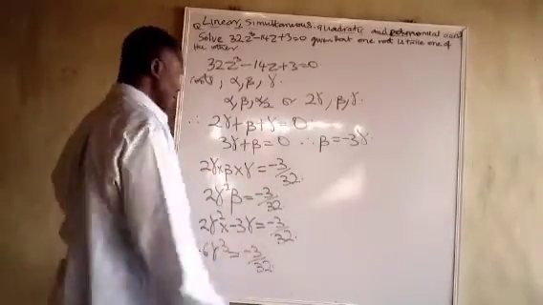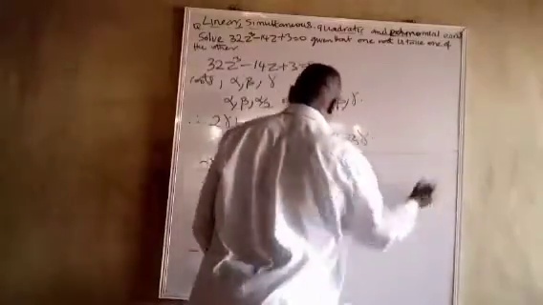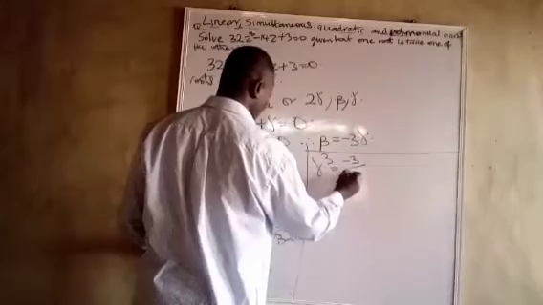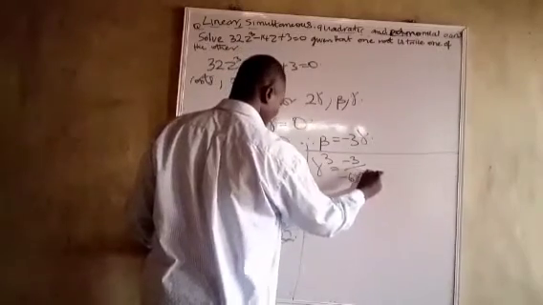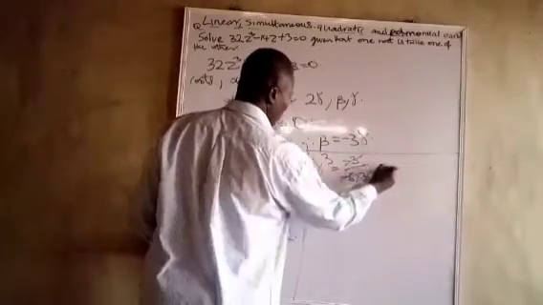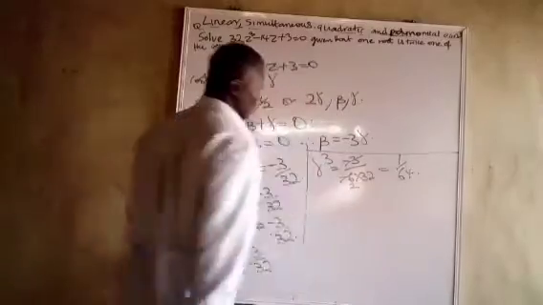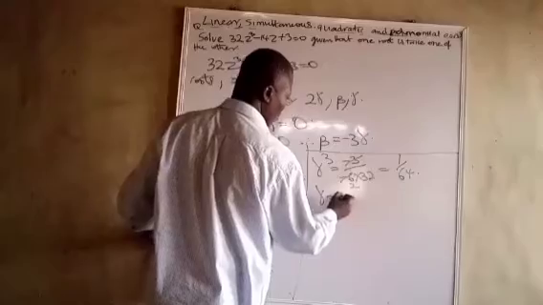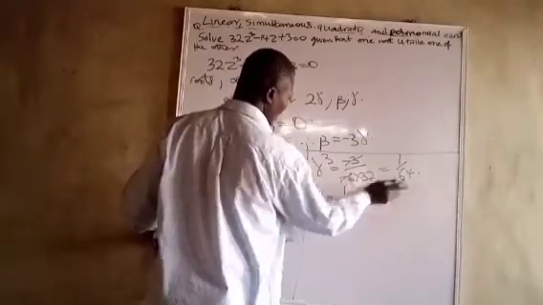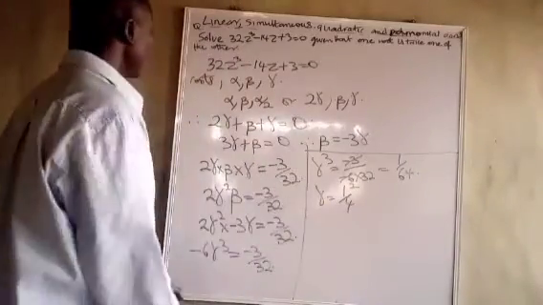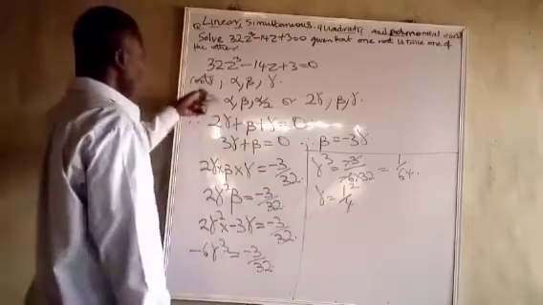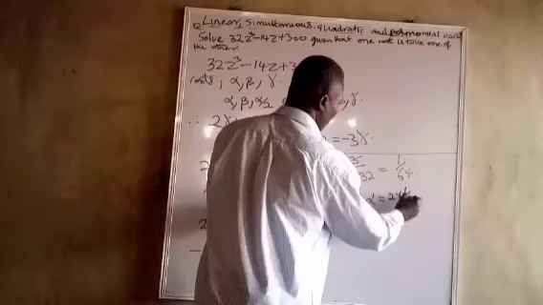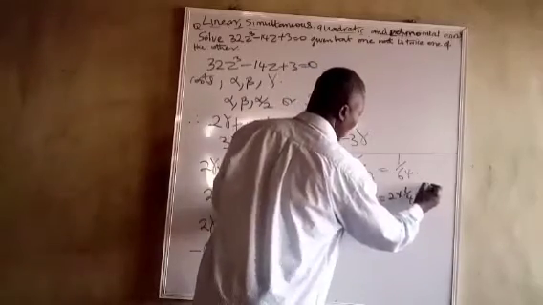Now let's divide both sides by minus 6. So I have gamma cubed is equal to minus 3 over minus 6 times 32. So what does that give me? 1 over 64. So gamma will be equal to 1 over 4, that is the cube root of this. So if gamma is 1 over 4, alpha is equal to 2 times 1 over 4, and that is half.